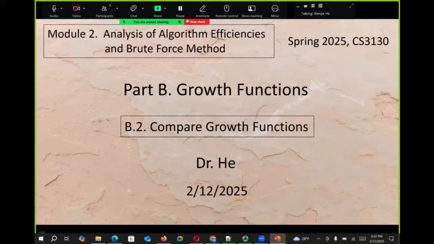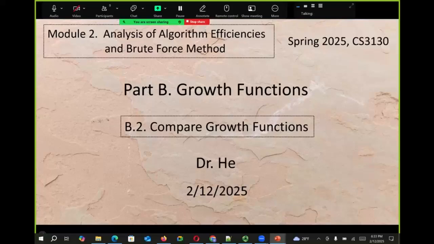Next. So after that section, we understand the growth function concept. Next, we want to compare growth functions. Now, we assume we have two different growth functions.